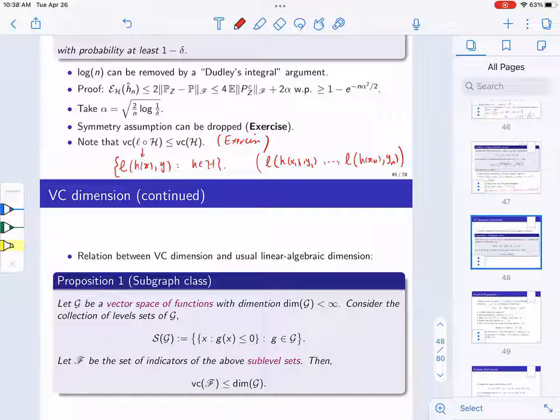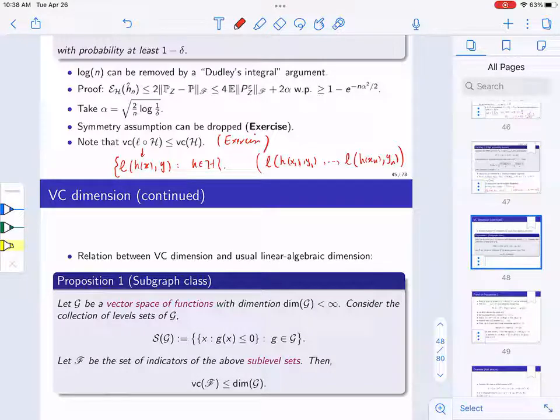So if h of these xi's are the same, then this would be the same. So the number of different patterns that I can get is at most controlled by the number of different patterns I can get by the collection of h's. So intuitively, we can also write it formally.